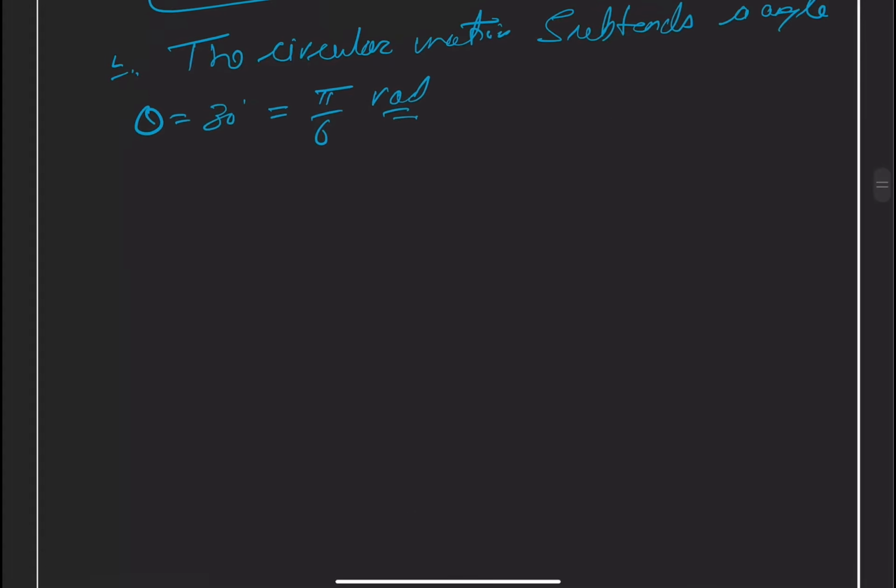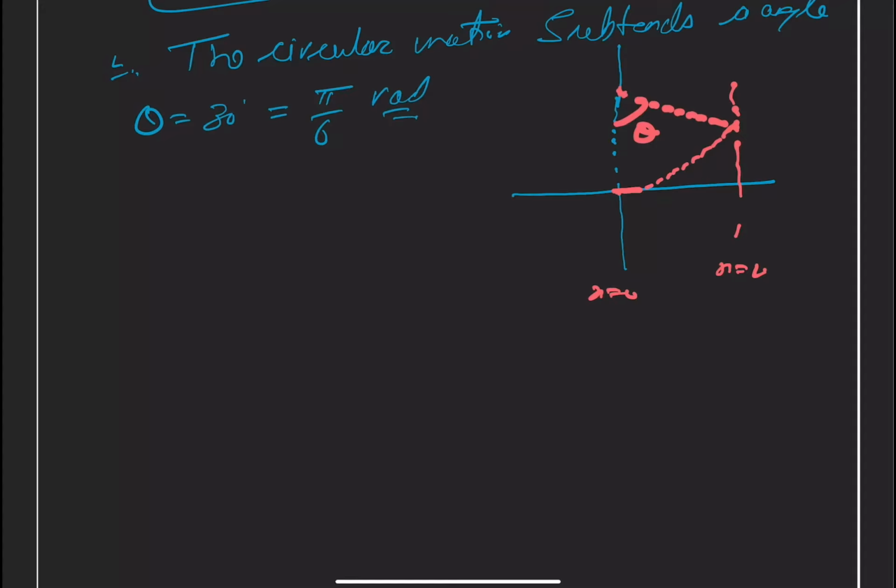So which basically means we have an initial velocity in this direction, and this is our x equal to 0 and we have x equal to L, so it will be something like this. And if we have this as a center, and if we join them, this arc will be subtending an angle theta which is our 30 degrees.